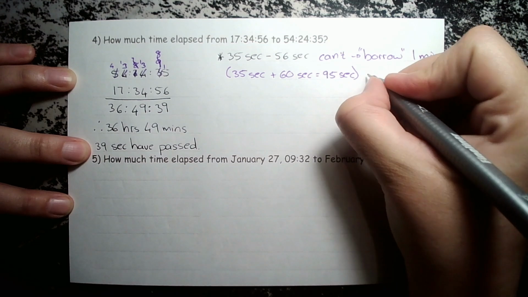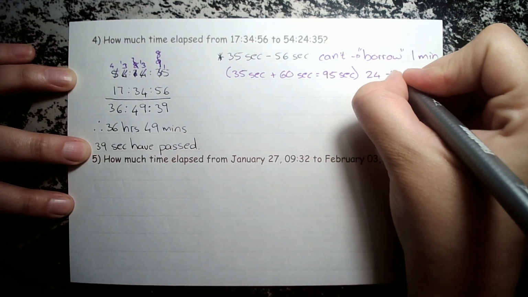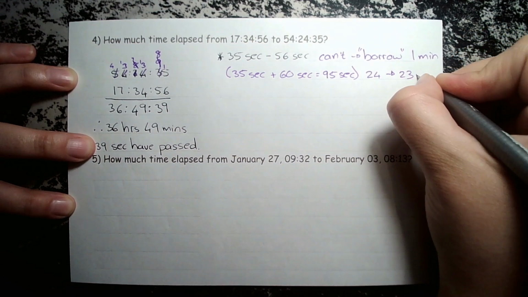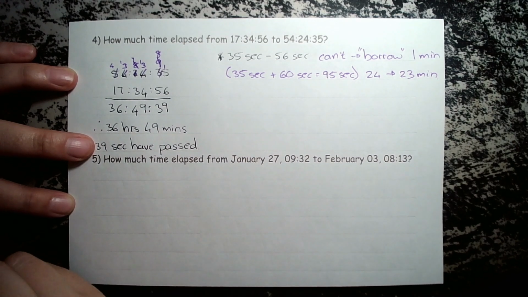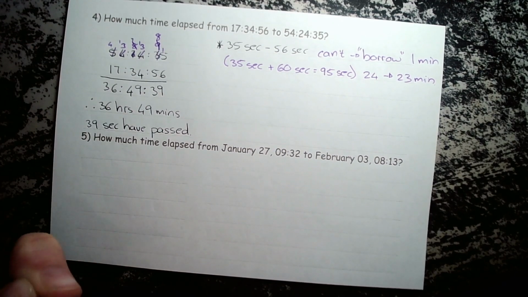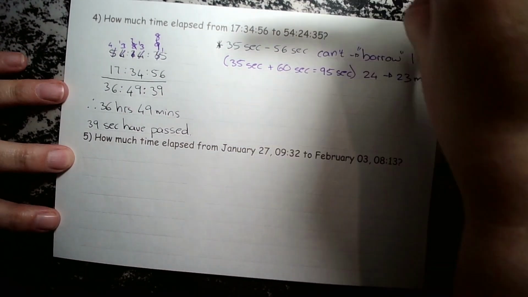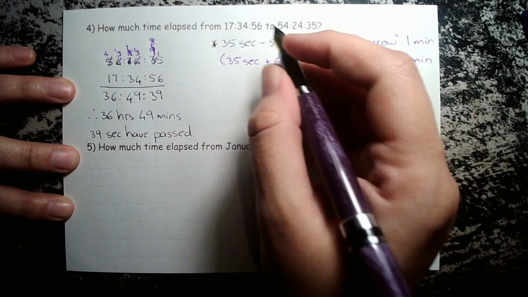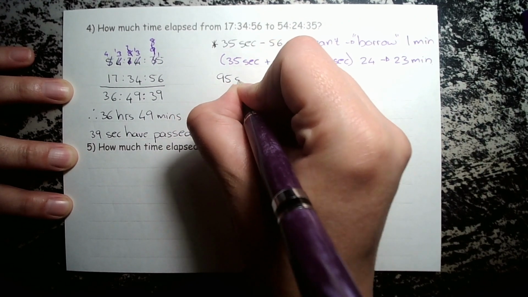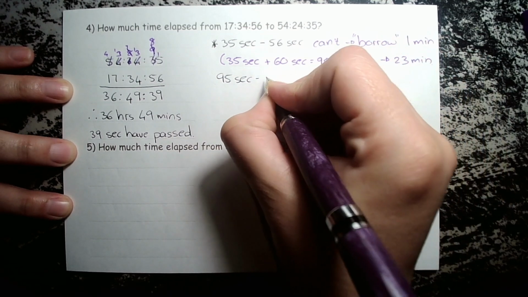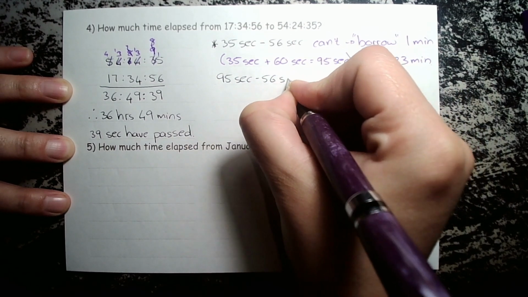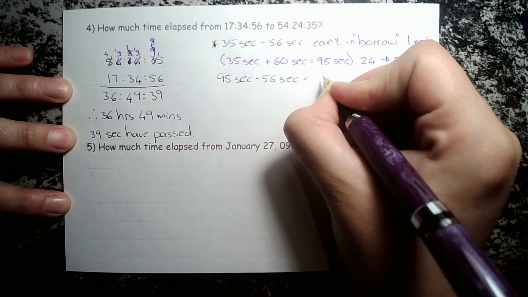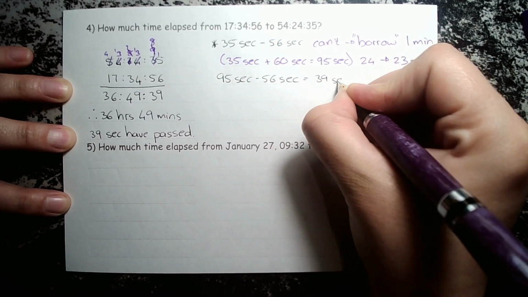The 24 minutes has also now become 23 minutes. So 95 seconds minus 56 seconds gives us 39 seconds.